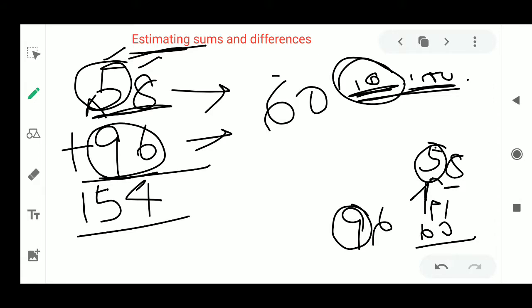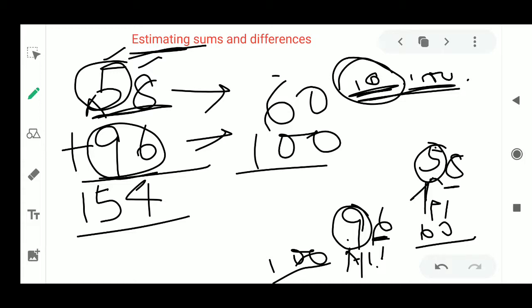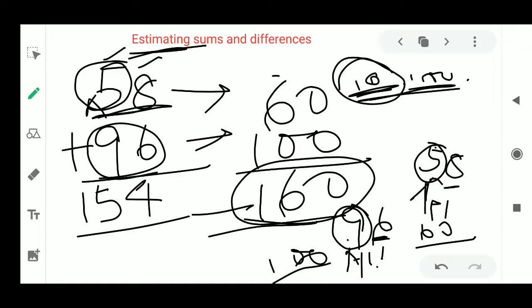This 9 plus 1, because there is a 6, becomes 10, plus this 0, so 100. Now we can add 60 and 100: 160, that is your answer.